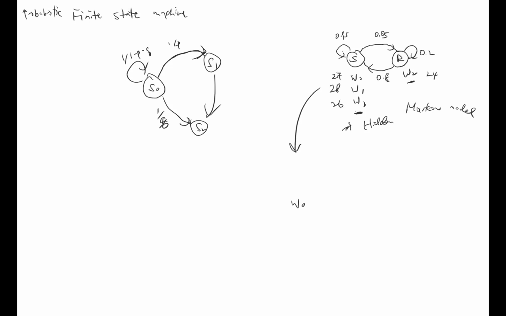I have W0, the weather on day 0, then W1, W2, and W3. The first day I observe is sunny, the next is sunny also, this is rainy, and this is sunny. I also observe the temperature: T0 is 27, T1 is 28, T2 is 24, and T3 is 26.